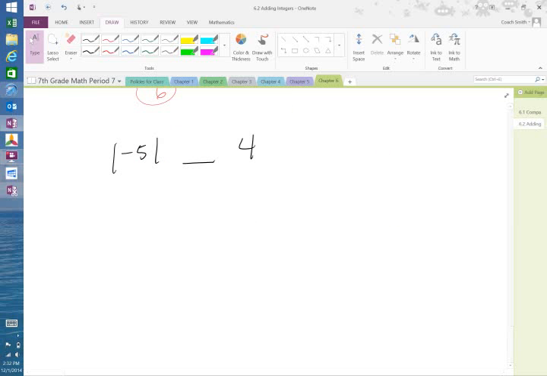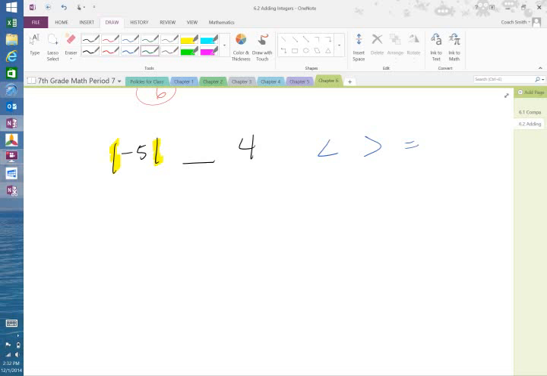Now, the last part of the lesson wants you to put the less than, greater than, or equal sign in the blank. Before I can do that, though, I must do what it says in the problem. In other words, this right here means the absolute value.